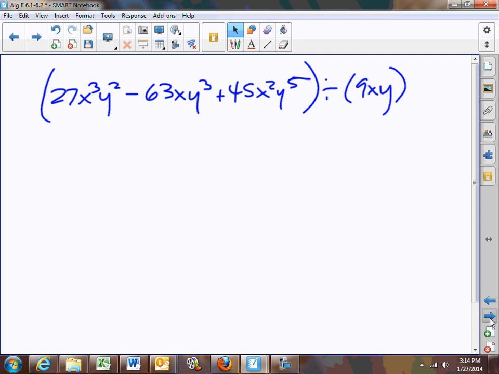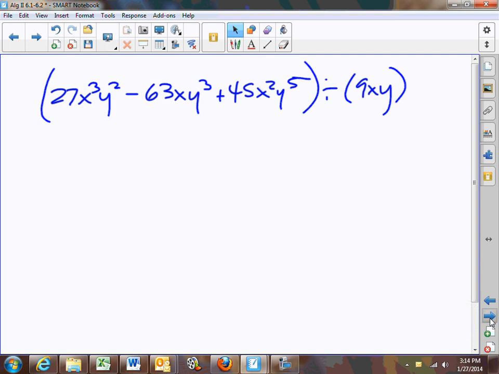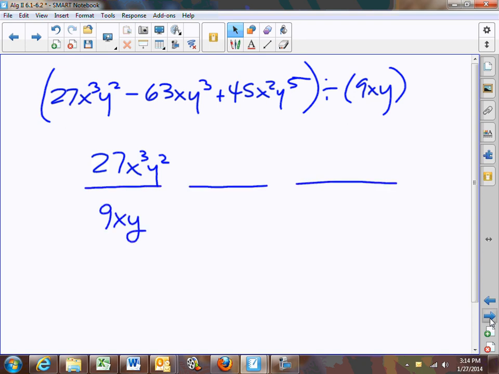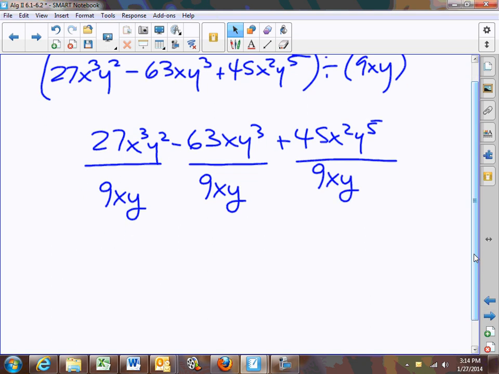So what you can do is you can think of that as a fraction, this three-term polynomial divided by the one-term polynomial, and since the denominator is just one term, you can think of 27x cubed y squared being over 9xy, and then you can think of negative 63xy cubed also being over 9xy, and finally you can think of 45x squared y to the fifth also being over 9xy, and then just do the division for each term.